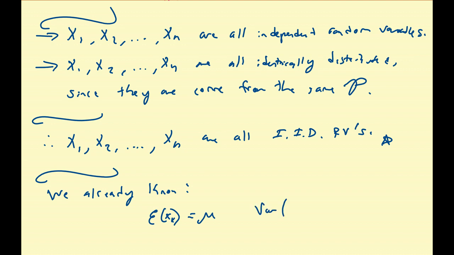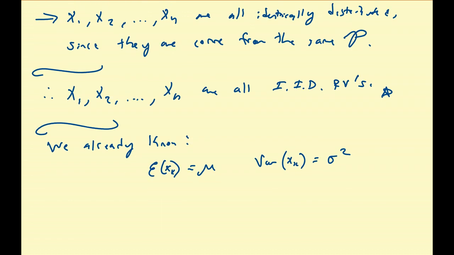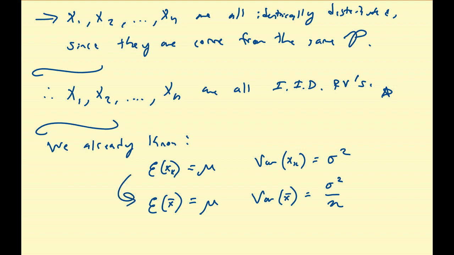And the variance for all those values is going to be equal to sigma squared. And also we have proven in the past that the expected value of the sample mean random variable equals mu. And the variance of the sample mean random variable is going to be equal to sigma squared divided by n. So these are both true.